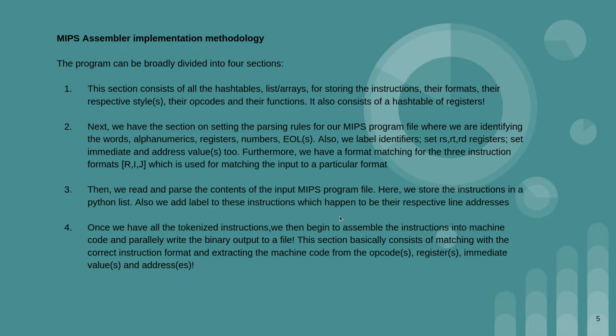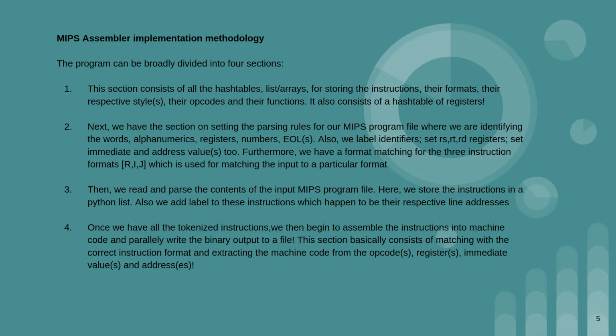Now, I'll walk you through the MIPS assembler implementation methodology. Basically, our assembler can be broadly divided into four sections. The first section consists of the hash tables and arrays for storing instructions, formats, styles, opcodes, and functions. It also has a hash table of registers.